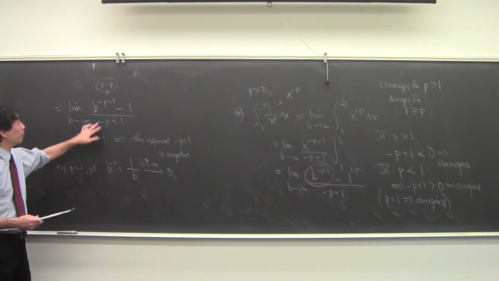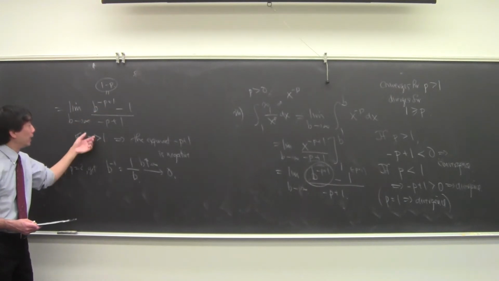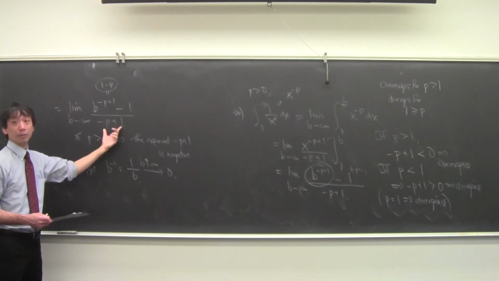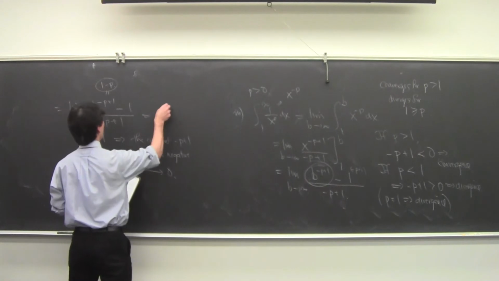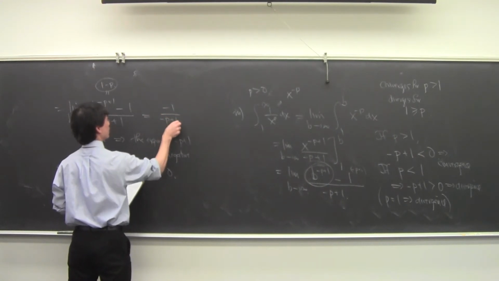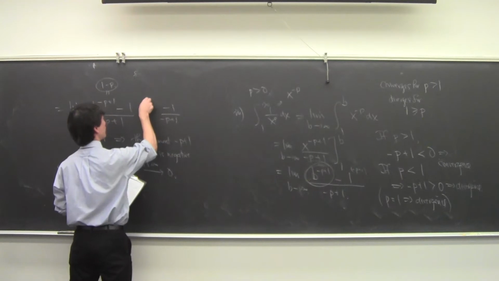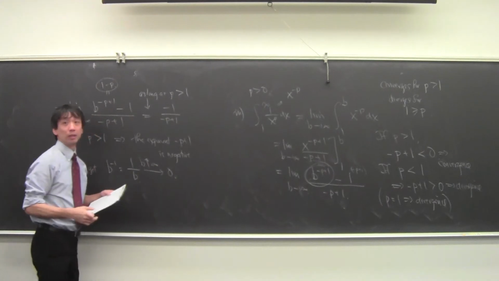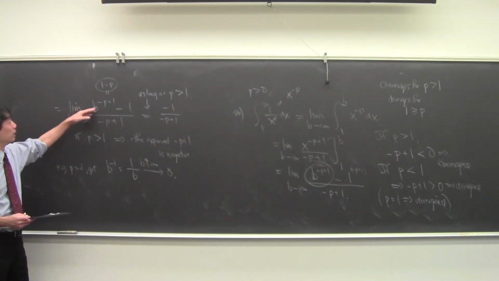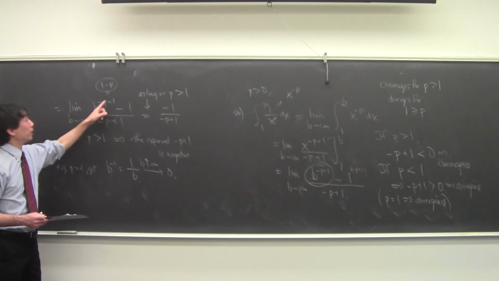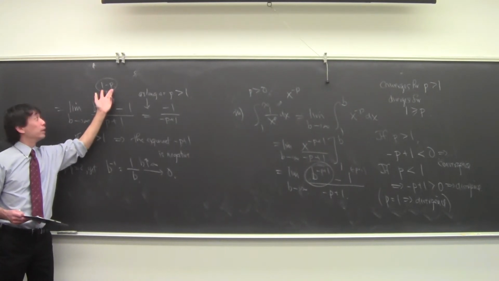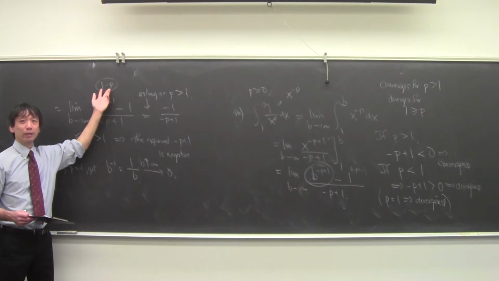So whenever p is bigger than 1, this term is going to vanish, and we'll just end up with negative 1 over p minus 1, so negative 1 over negative p plus 1. But if p is smaller than 1, then we get b to some smaller power.